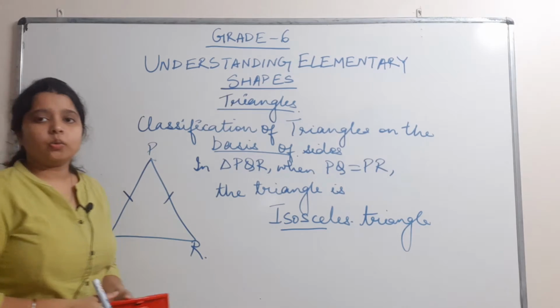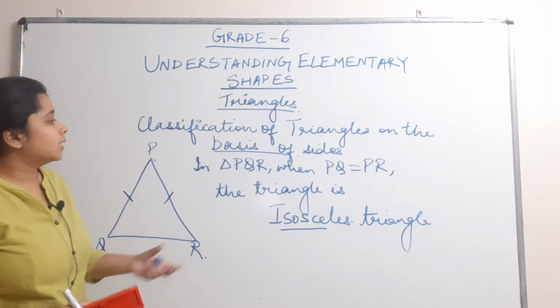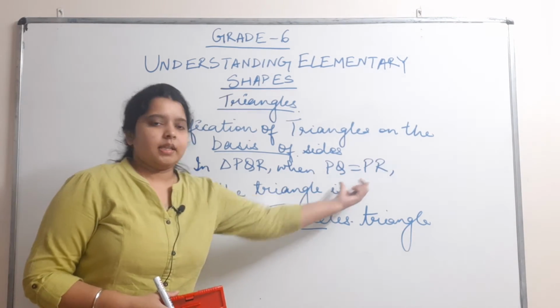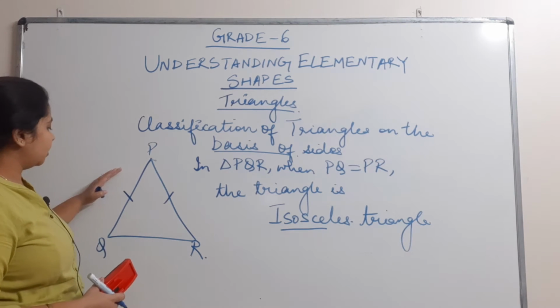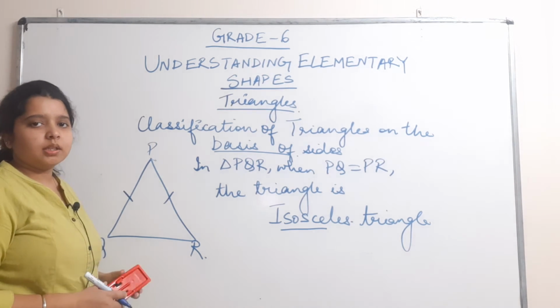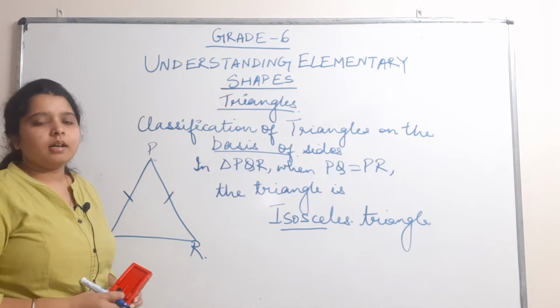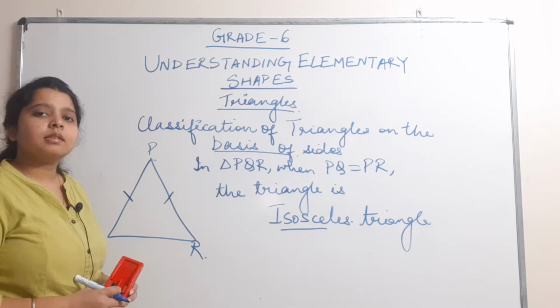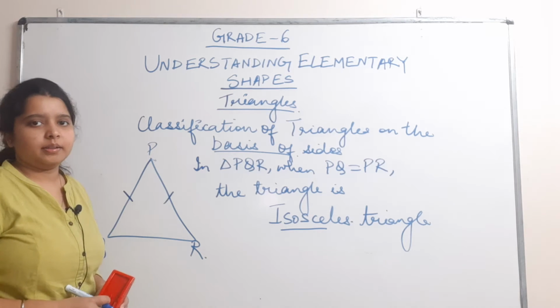Is that clear? When two sides are equal to each other, these two sides can be any two sides. PQ can be equal to QR as well. So if two sides are equal to each other, then the triangle is known as isosceles triangle.